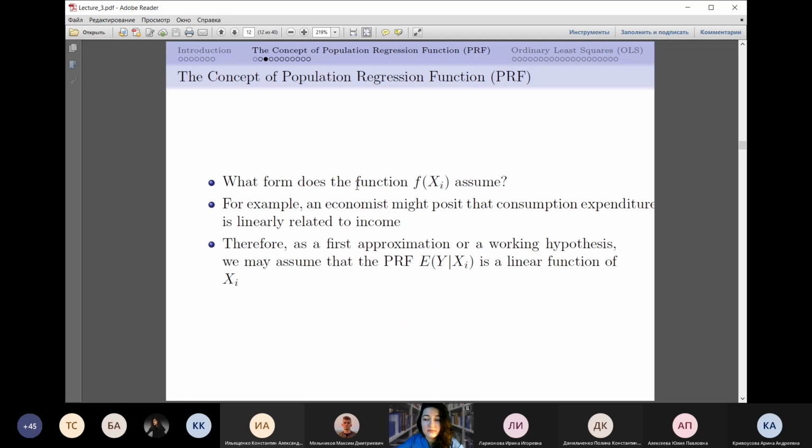For simplicity, we can start our example with a linear function of x. For example, in general, economists might posit that consumption expenditure is linearly related to income. As a first approximation of our hypothesis, we may assume that the population regression function is just a linear function of x. So y and x are linearly dependent.